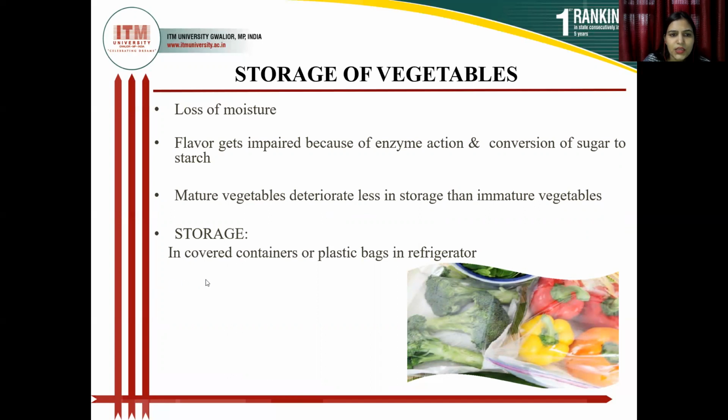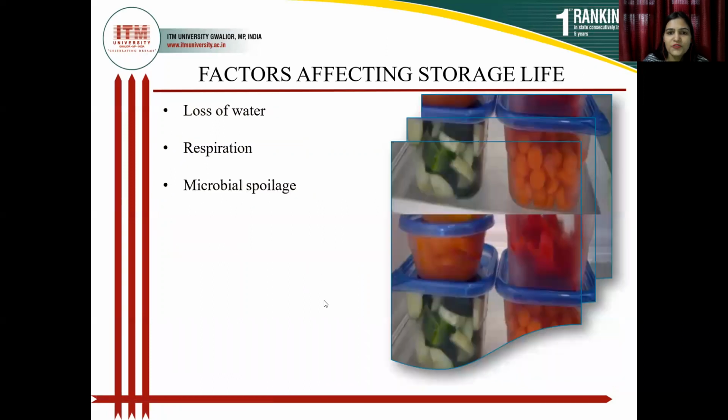Store in a covered container or plastic bag in the refrigerator. We have to store the fruits and vegetables in a covered container or plastic bag in a refrigerated atmosphere.